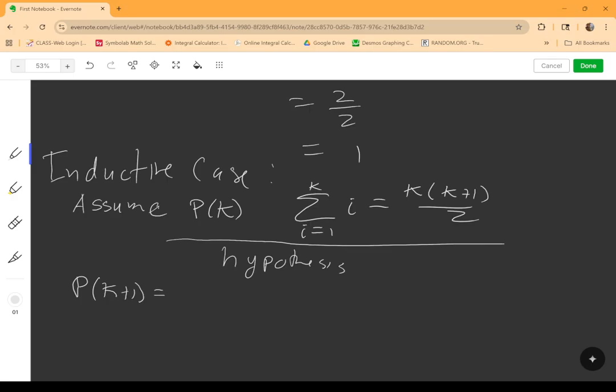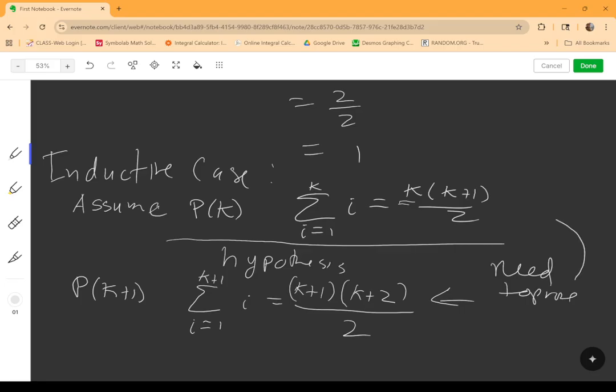Now that case looks like this. Let's make sure we use the formulas correctly. The next term, according to the formula, with k plus 1 as my n, and then my n plus 1 would be k plus 1 plus 1, which is k plus 2, over 2. This is what I need to prove.